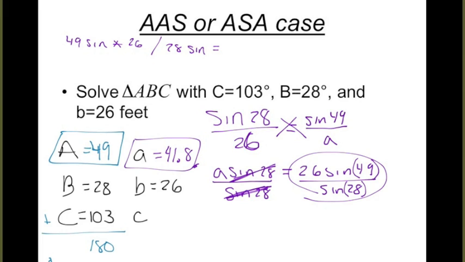This is a much easier process if you're using an actual calculator, a scientific or a graphing calculator. On a regular graphing or scientific calculator, you just type it in exactly like it says: 26, sine button, 49, close off the parentheses to say that's the end of our angle. Divide by sine button, 28, close off the parentheses to say that's the end of our angle.